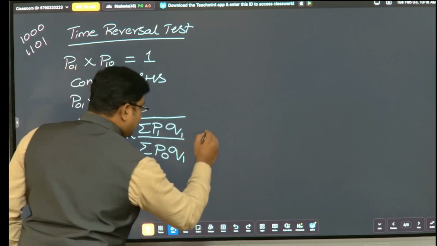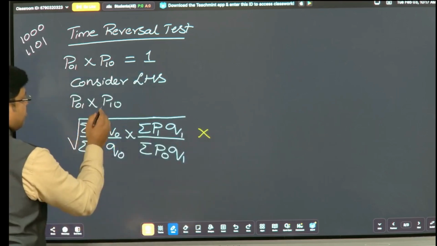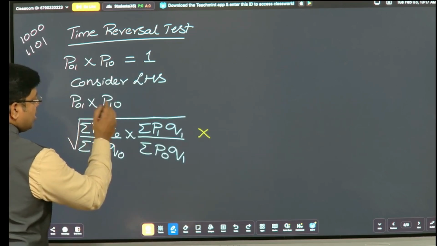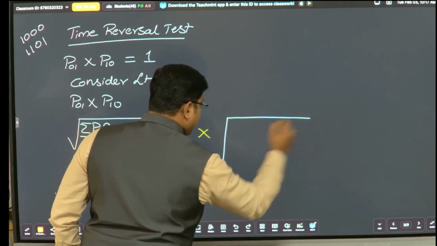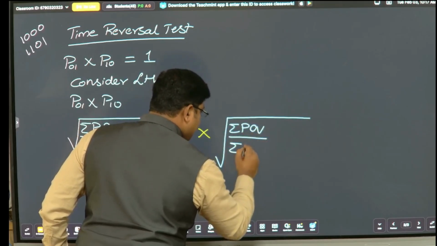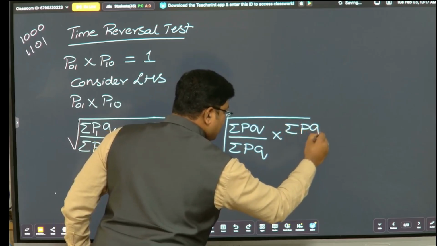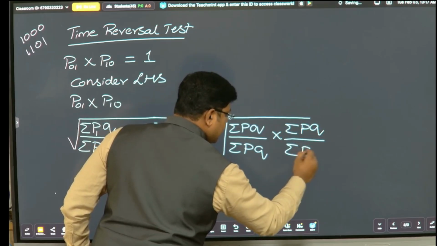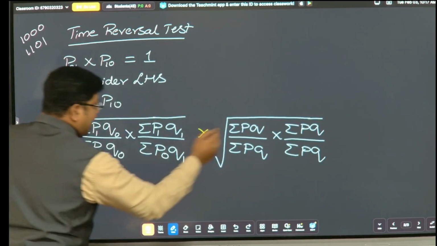Into. I am writing which part now? P10. How to write this? Square root again, summation PQ divided by summation PQ into summation PQ divided by summation PQ. Now, how to write this?